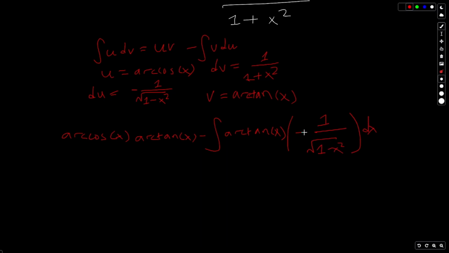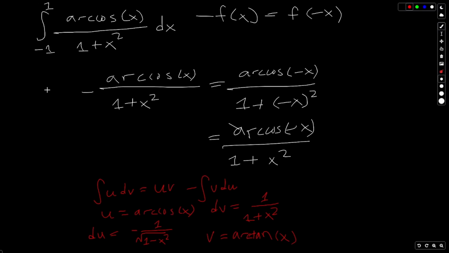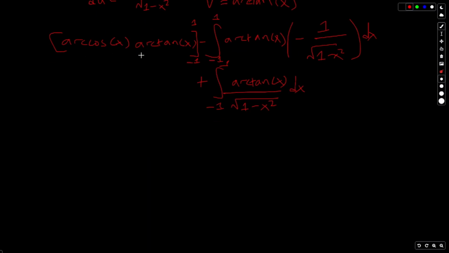We can take out the negative here and the negative here and combine them to make a positive. So this is going to be positive integral arc tan of x divided by square root 1 minus x squared dx. And don't forget, we still have our bounds, -1 to 1. So we can put our bounds right here and also evaluate this from -1 to 1. All right, so I'm going to evaluate this first.